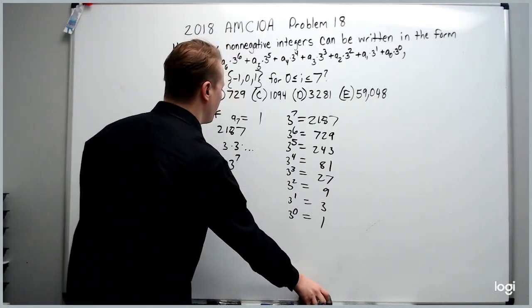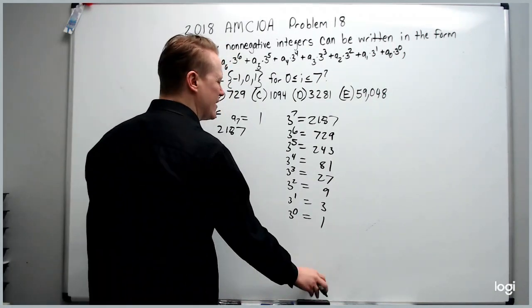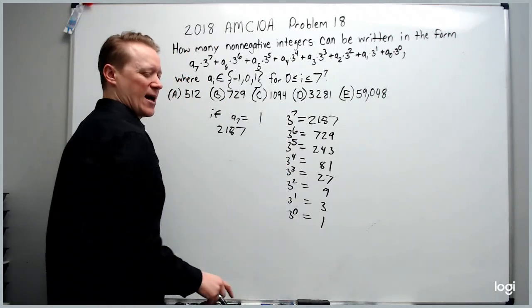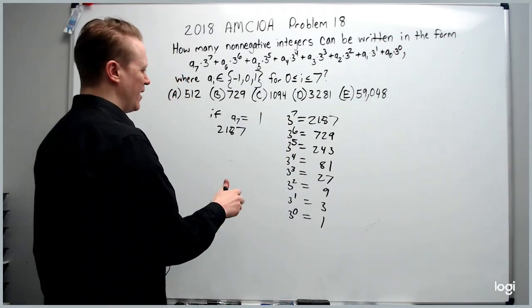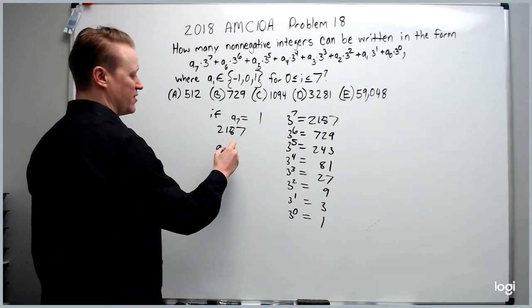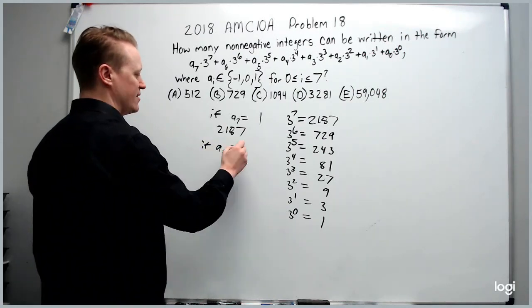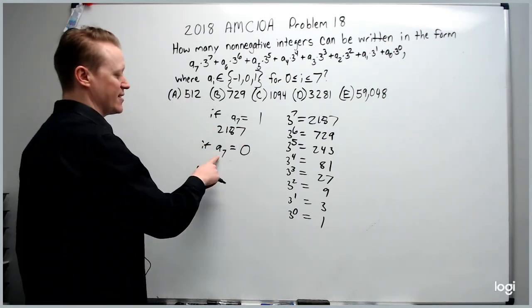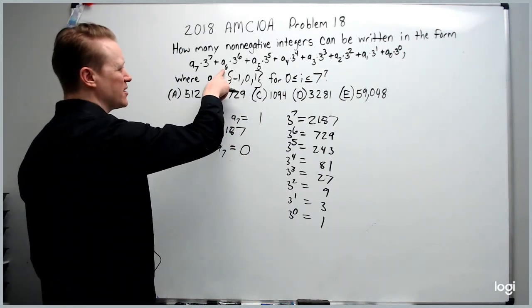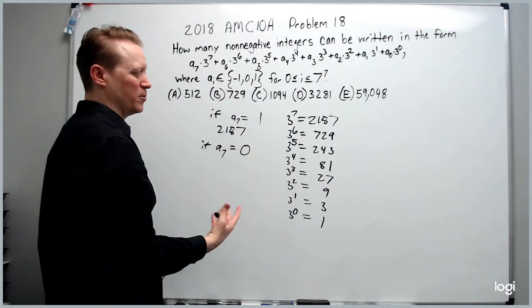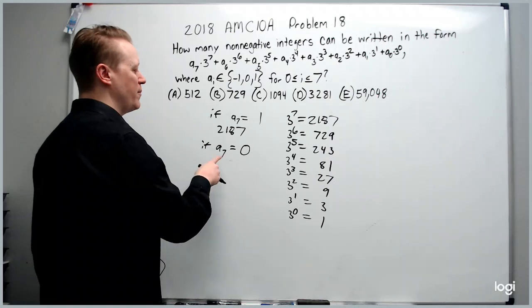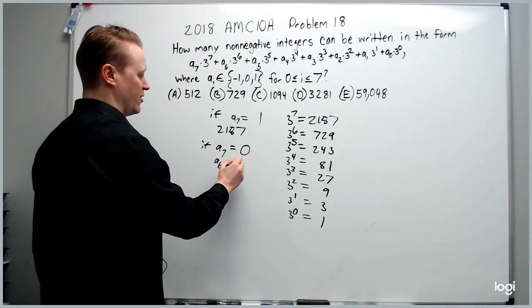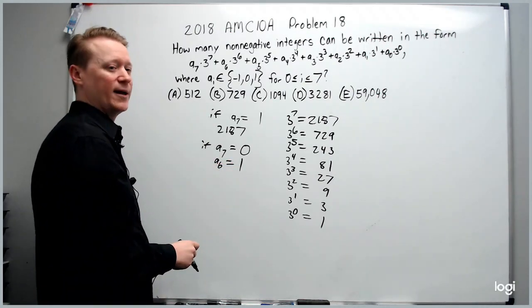In fact, from doing this one what if, we can now perceive what's probably going to happen the rest of the way. Let's see if we make a sub 7 the only other option, 0. If we get a sub 7 equal to 0, then a sub 6 now becomes the most powerful player on the board, and we want to make it positive, which can only be achieved with positive 1.